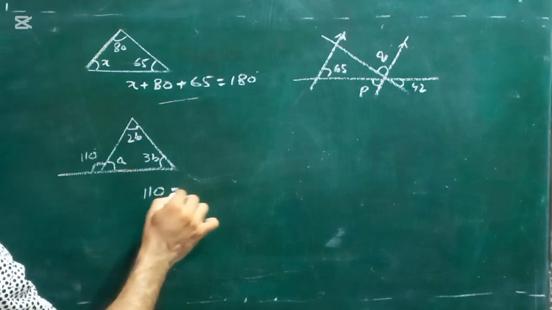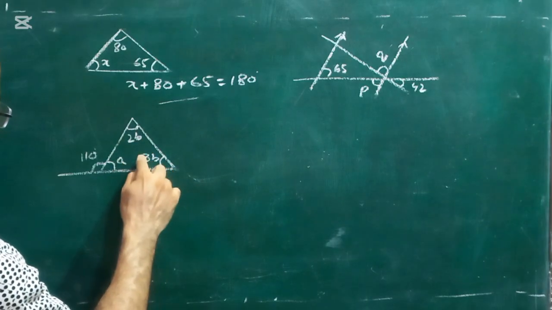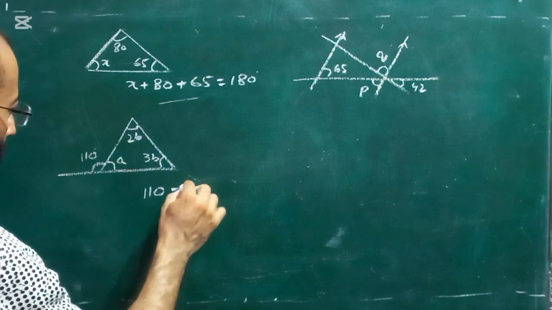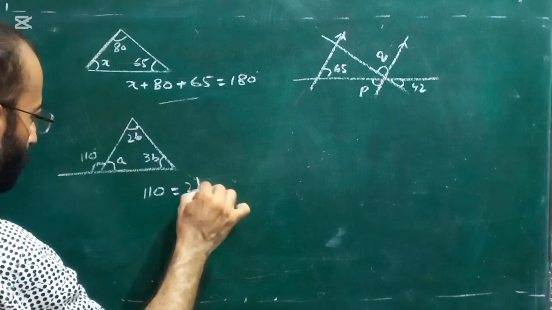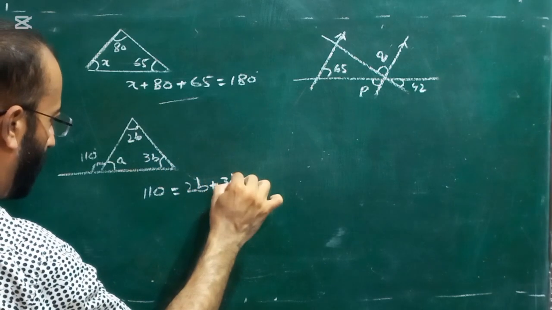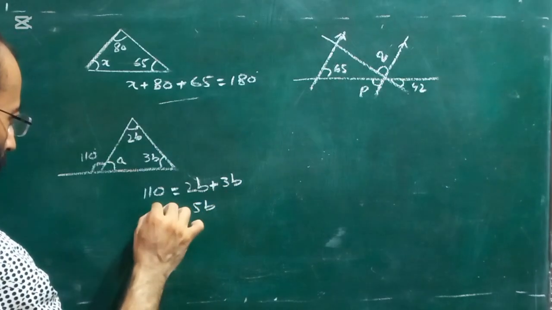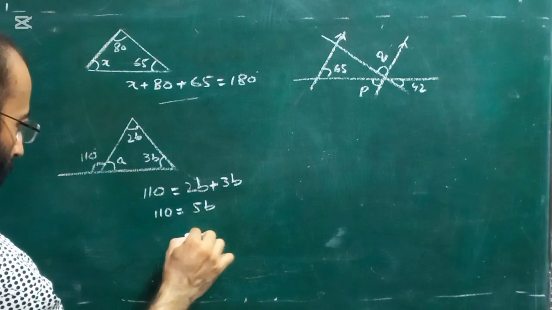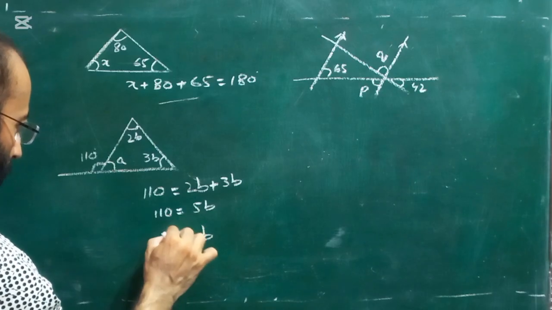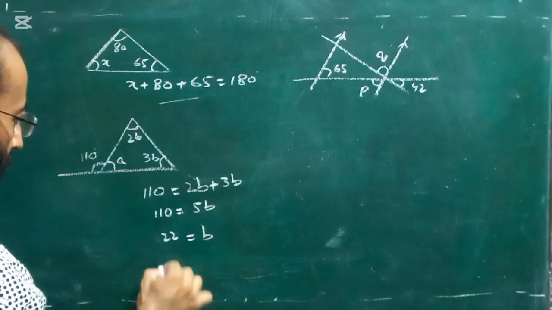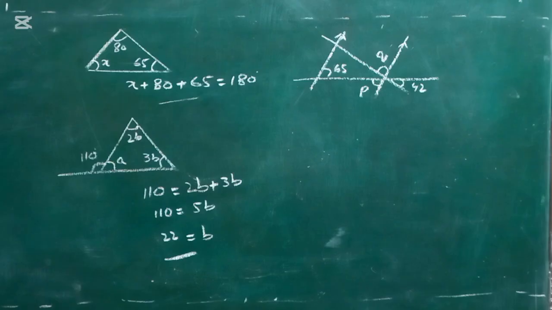This should be equal to the sum of opposite interior angles. So that is equal to 2b plus 3b. So 2b plus 3b will be equal to 5b is equal to 110. And b will be equal to 22, since 5 twos are 10. So this is the value of b.